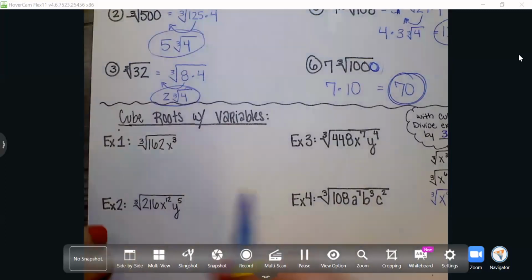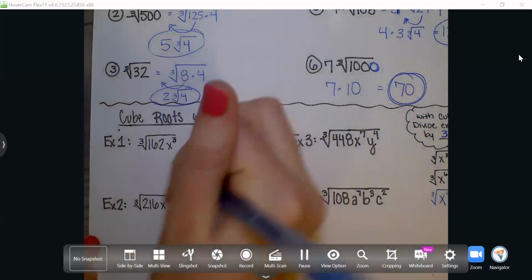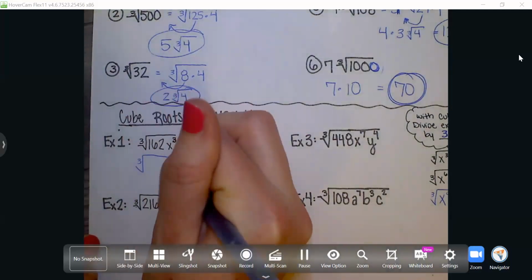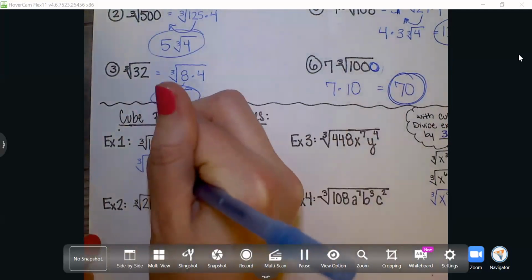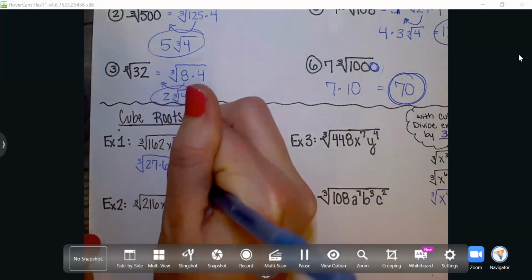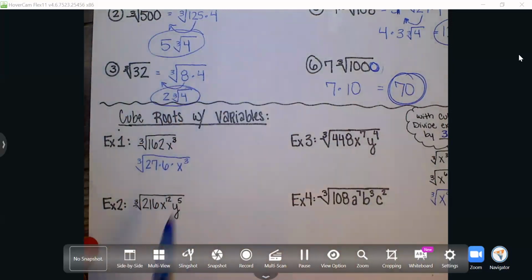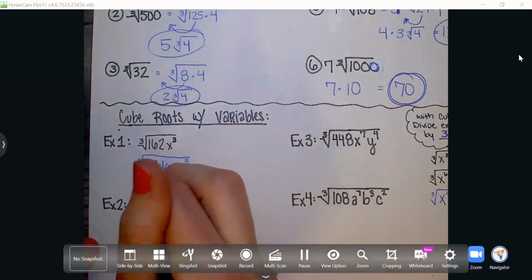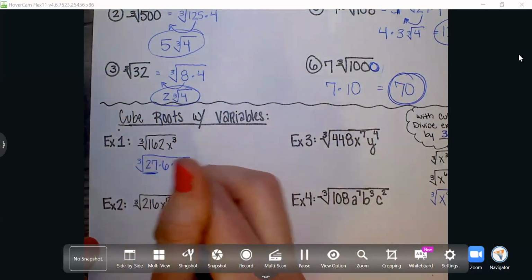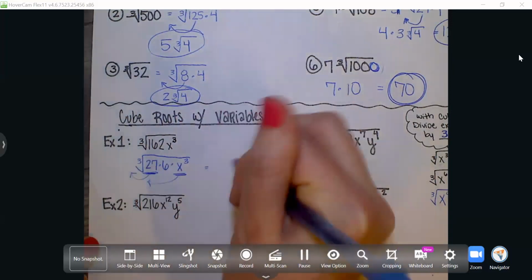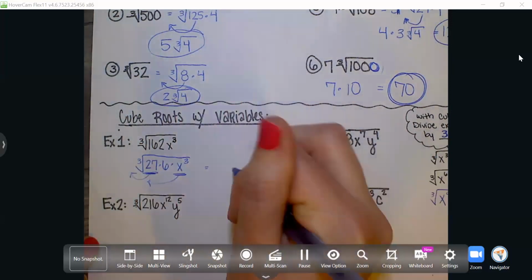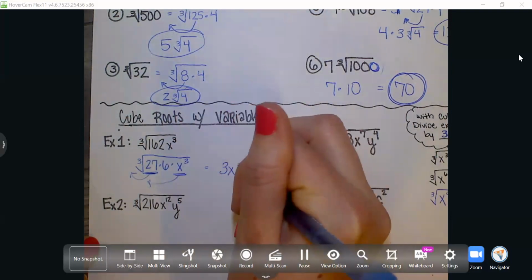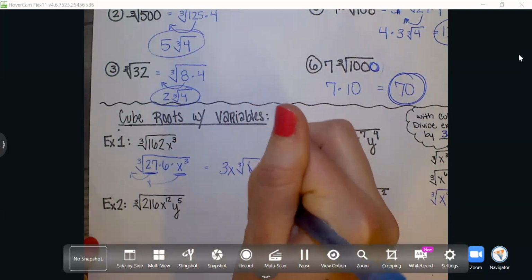Cube root of 162 can be broken down into 27 and 6. And x to the third is a perfect cube. So the 27 gets to come out and the x to the third gets to come out. And I get a final answer of 3x cube root 6.